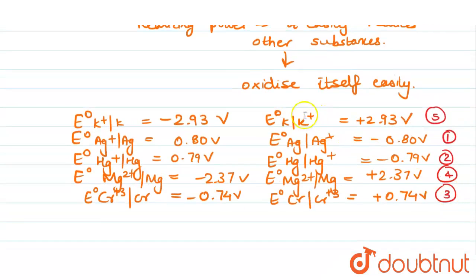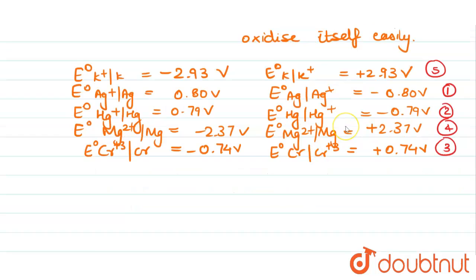So which oxidizes itself easily? The one oxidizing itself most easily will be number 5, and the one which will oxidize itself with very high effort is Ag, this one.